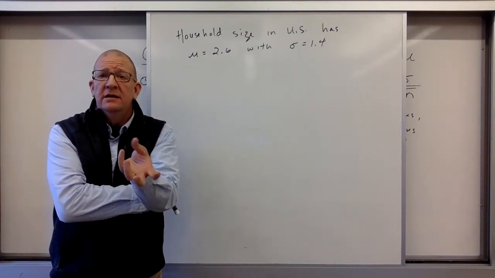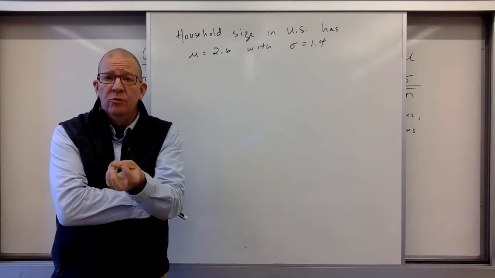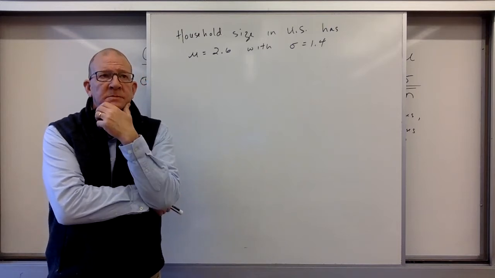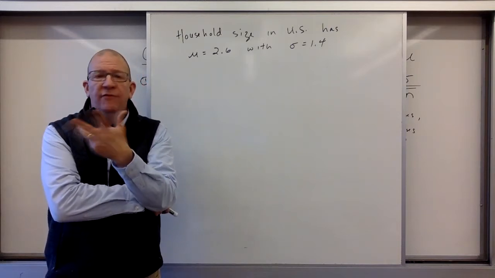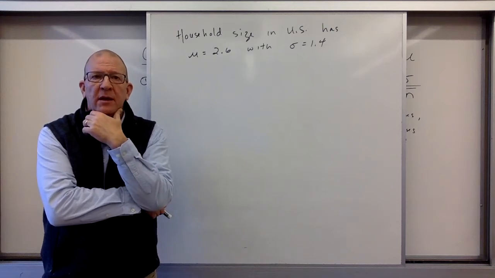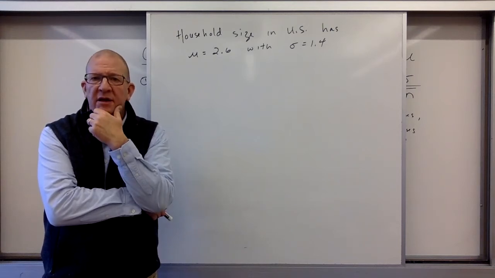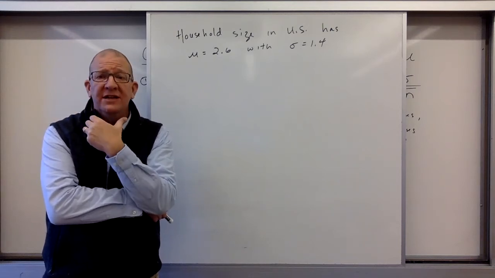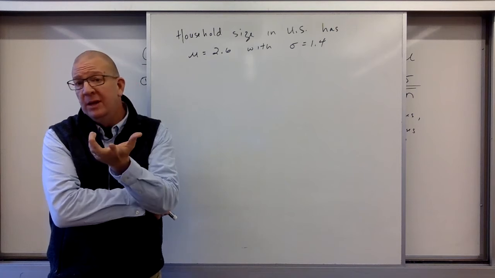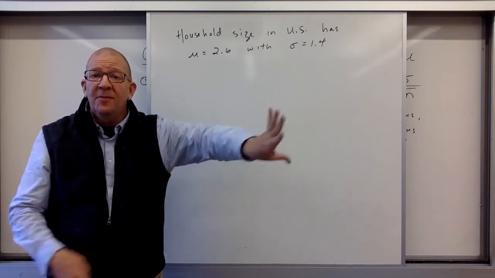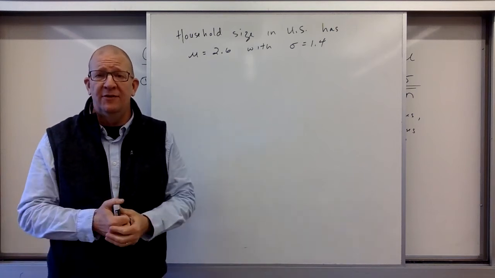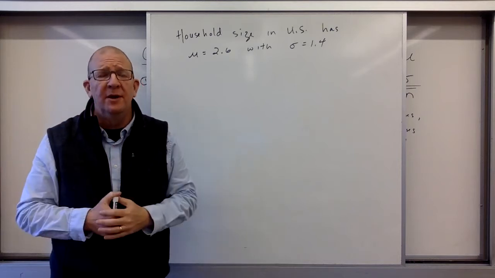Certainly you've got some people who live together in groups, some families, and they might have 4, 5, 6 people. But what else do you have? You have a whole lot of single people, and really, until recently, they lived by themselves in apartments. Now, of course, they all live in their parents' basement, but that's a separate issue.